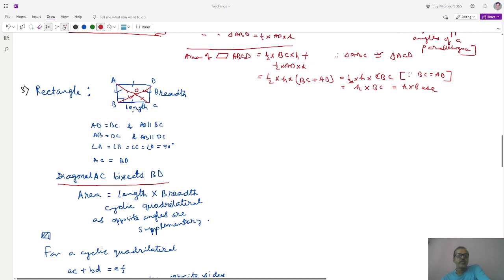So here the base is the length and the height is the breadth. Since this is 90 degrees, the breadth is the height of the rectangle. So the area of a rectangle is length into breadth.